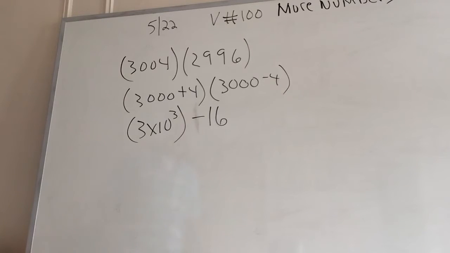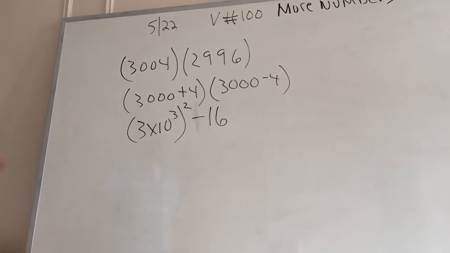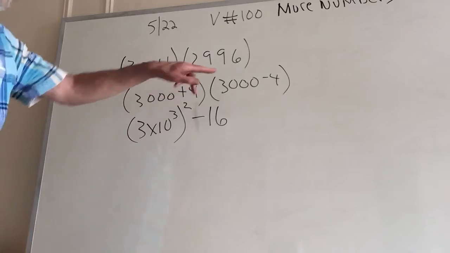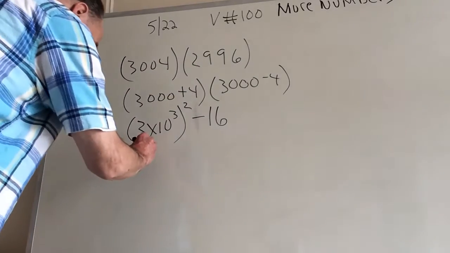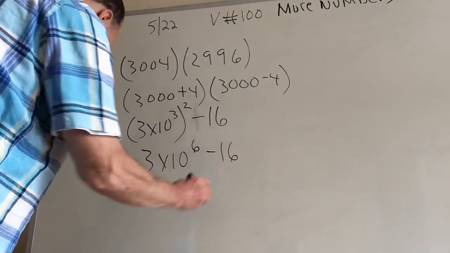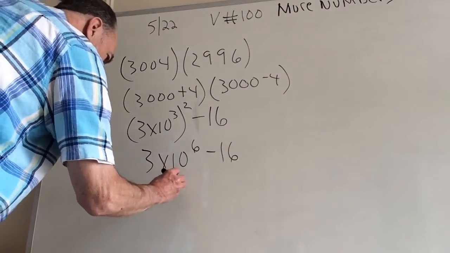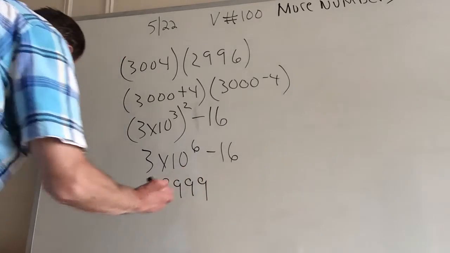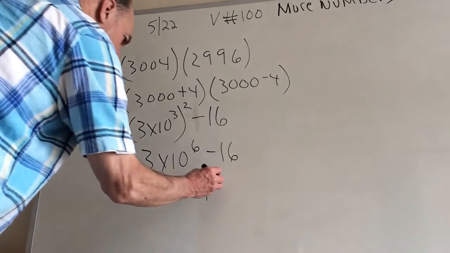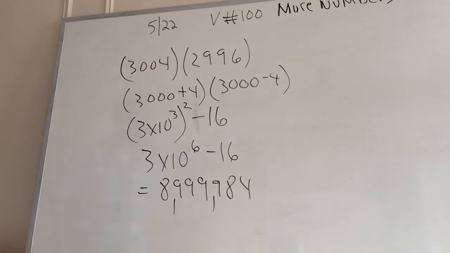So that was an easy calculation. Of course, this is squared. Sorry about that. Okay, that is 3,000 times 3,000. So we end up with 3 times 10 to the 6th minus 16. And that's going to equal 8,999,984. And so did the honors for you there.